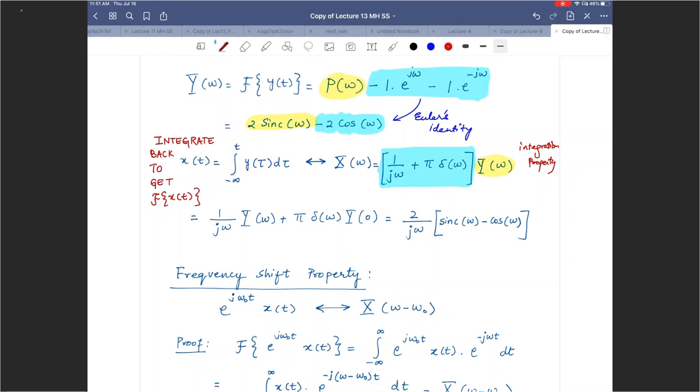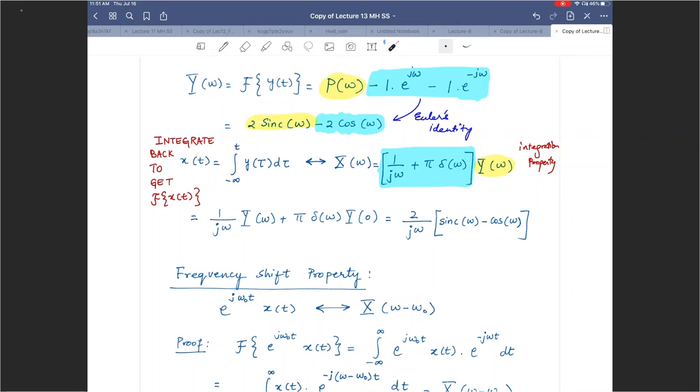Y of omega, substitute from before, the remaining terms also known, and once we do that, you see you have 1 divided by j omega Y of omega, but you also have pi delta omega Y of omega, right? But because you have an impulse, you have to evaluate Y of omega at omega equals 0.